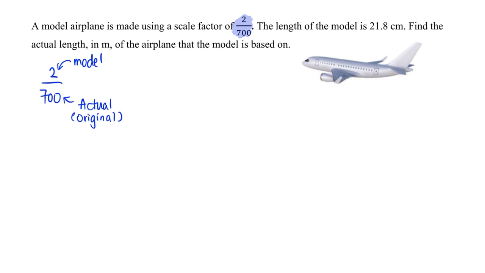Okay? So now I know this. This is important because find the actual length in meter. Later we talk about the units, but we are given the length of the model, 21.8 cm.